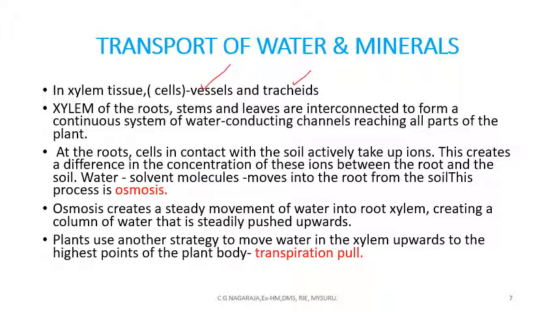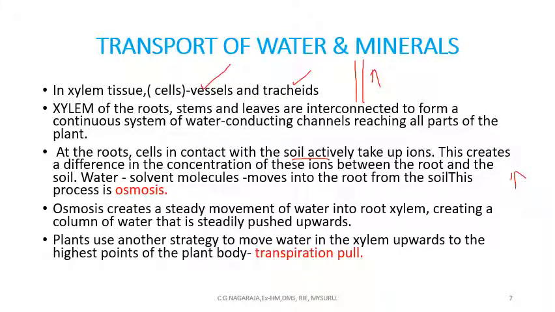That means xylem becomes a tube-like structure, and this tube-like structure will help the water to move upwards. Along with the soil water, there will be some more liquid in the cell, and that also will be going upwards sometimes.